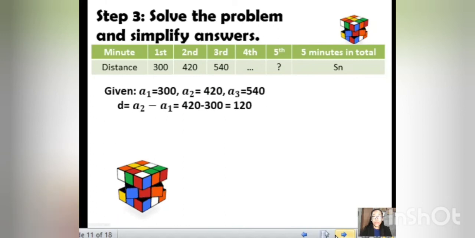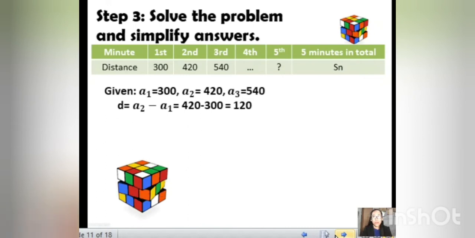Okay, so the given: a sub 1 is equal to 300, a sub 2 is equal to 420, a sub 3 is equal to 540, and then we will get the common difference by subtracting the first term from the second term. So a sub 2 minus a sub 1 is equal to 420 minus 300, which is equal to 120.